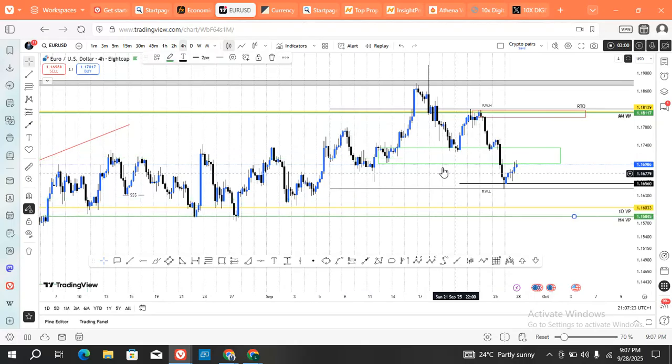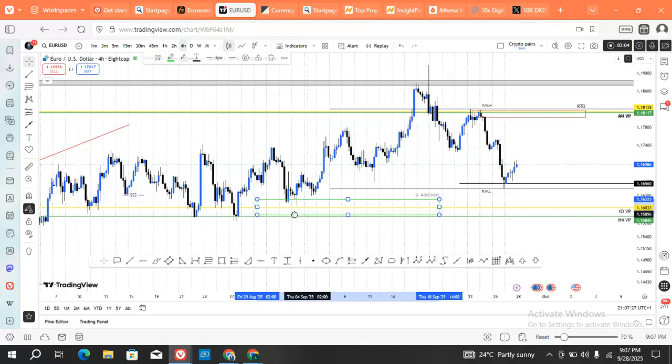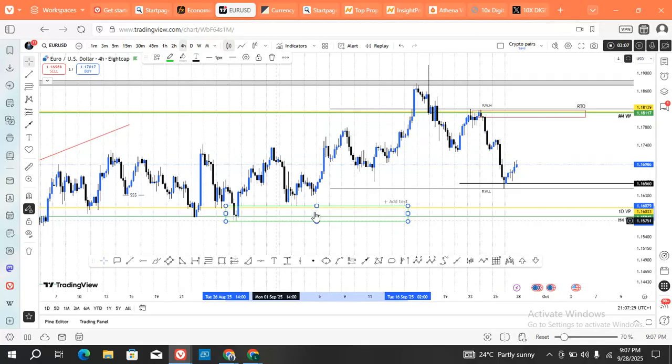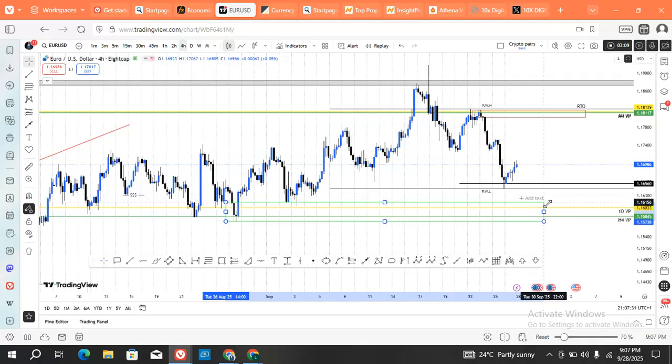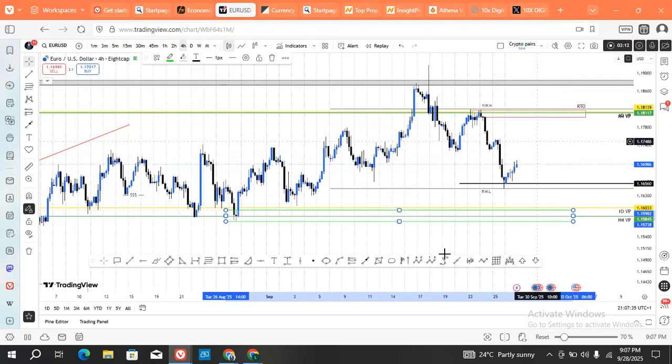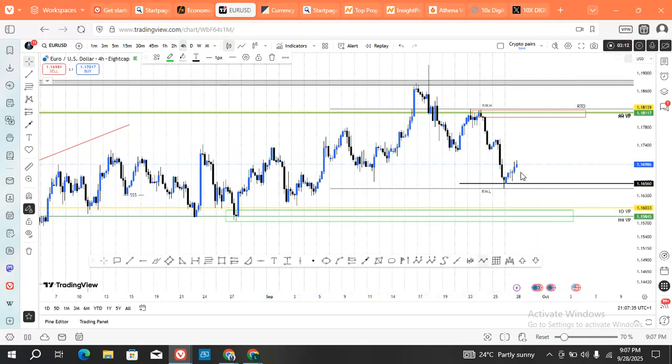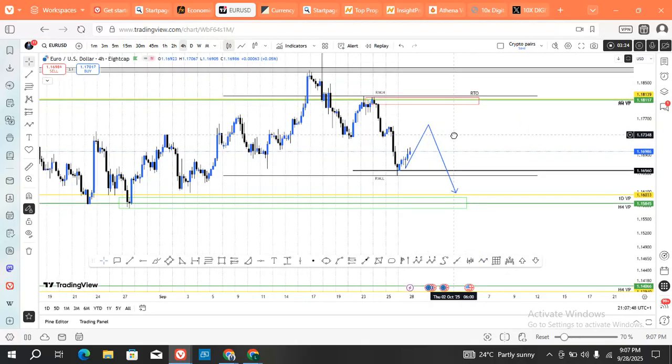This is 4 hours demand I see. So my forecast for this week on Euro USD is there is going to be a push up, more like a corrective structure for another drop. So that's what I see for Euro USD.